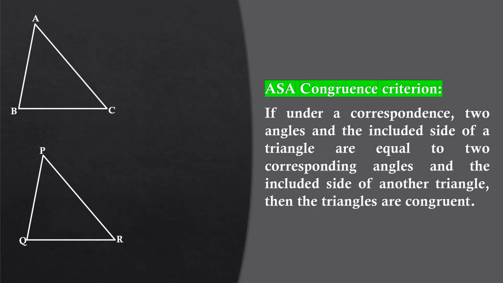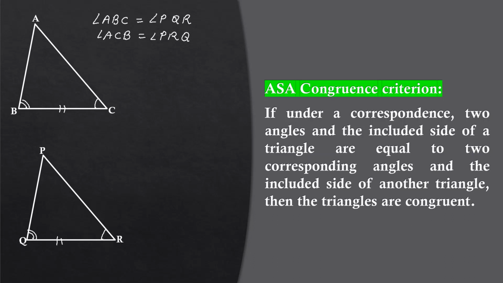For example, in this case, we have two triangles, triangles ABC and PQR. If somehow we come to know that angle ABC is equal to angle PQR and angle ACB is equal to angle PRQ, and the side which is common to both the angles is BC over here and QR over here.